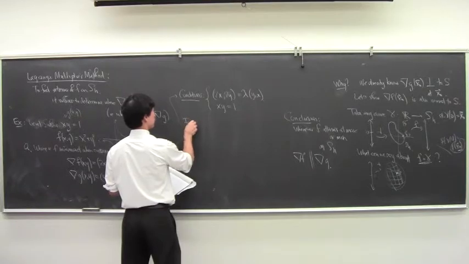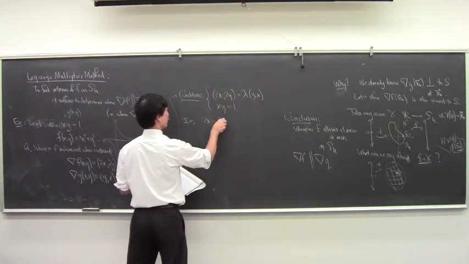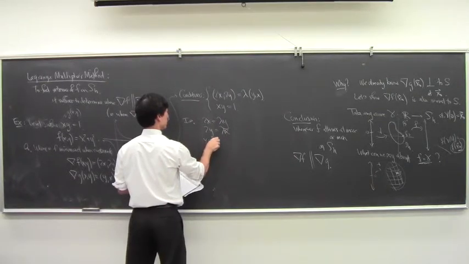That is, 2x should be lambda y, 2y should be lambda x, and xy should equal 1.